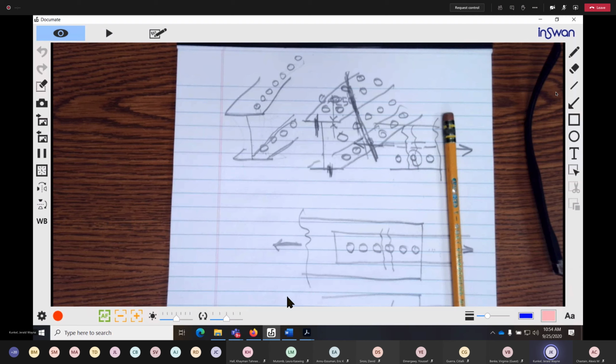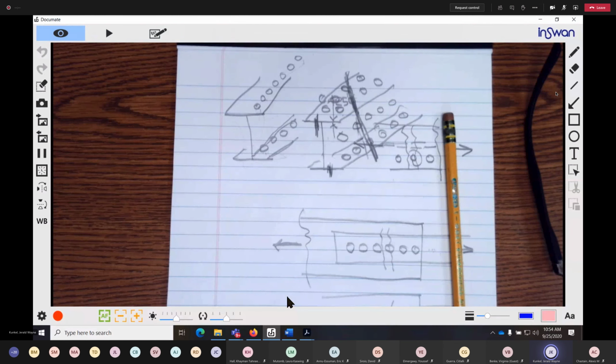So you get an eccentric connection, because the holes are not centered in the middle of the wide flange because the web is in the way. So very, very seldom. And the example problem is for illustration purposes only.